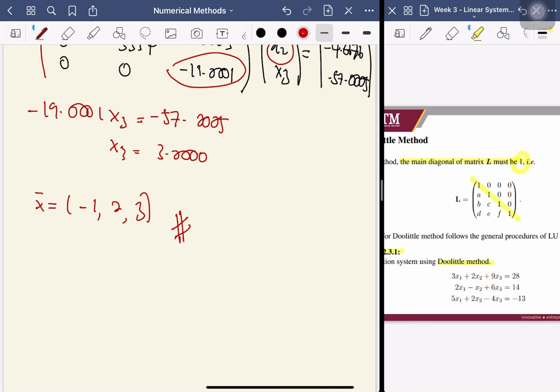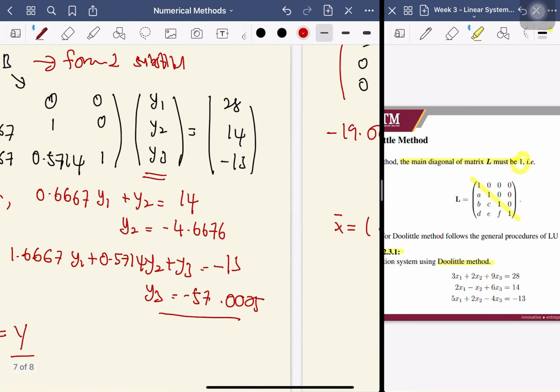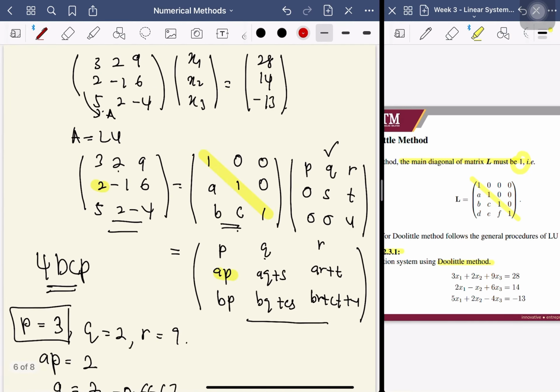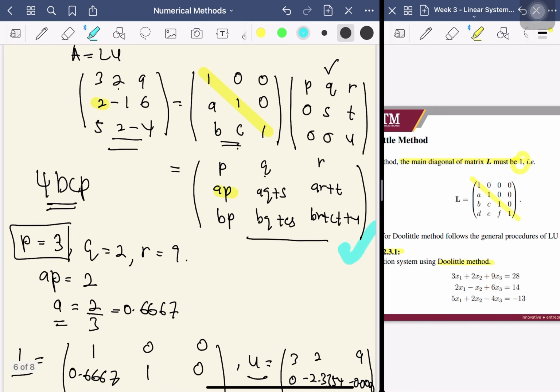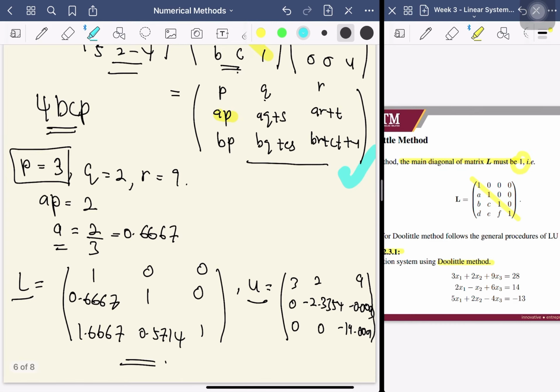I would say that for this method, the tricky part is getting the correct values for this part. You can imagine that if you make some mistake in finding the values of the elements in L and U, it will affect the whole calculation until you get the final answer.